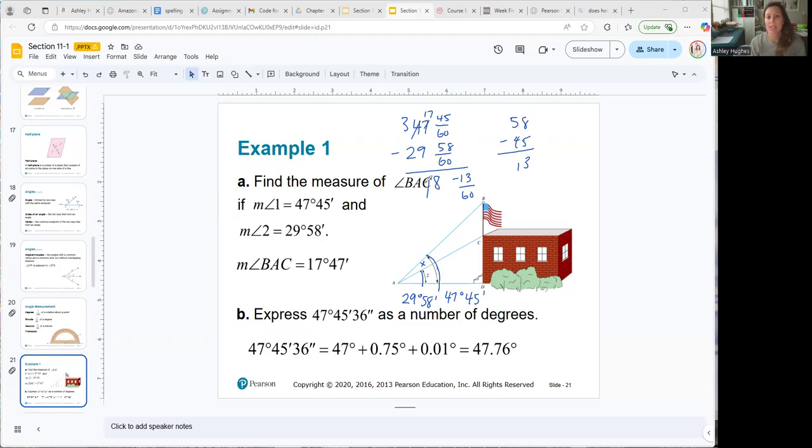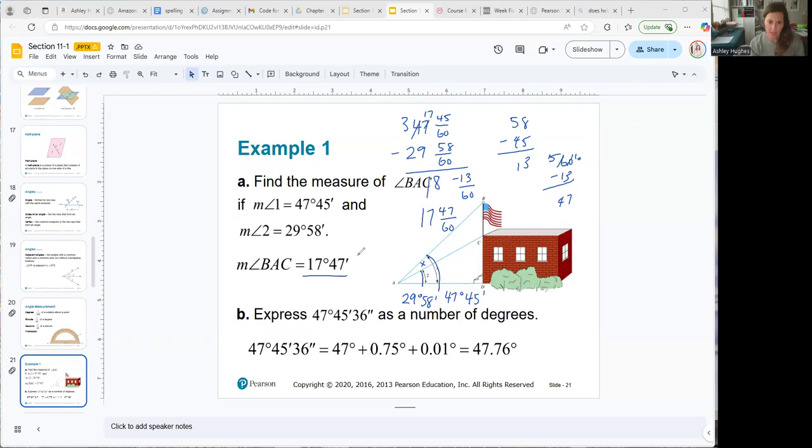So it's like I'm taking this 18 and subtracting 13/60ths, so I'd be left with 17. And then 60 minus 13 is where you get your 47. So that's how they got 17 degrees and 47 minutes.